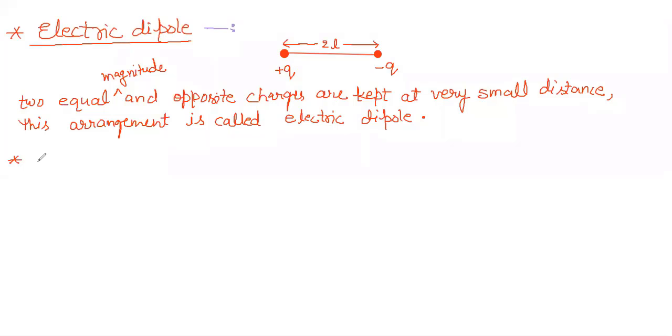Now, the strength of the electric dipole is measured in terms of the electric dipole moment. So the heading is electric dipole moment. Electric dipole moment is denoted by small p and it is a vector quantity.